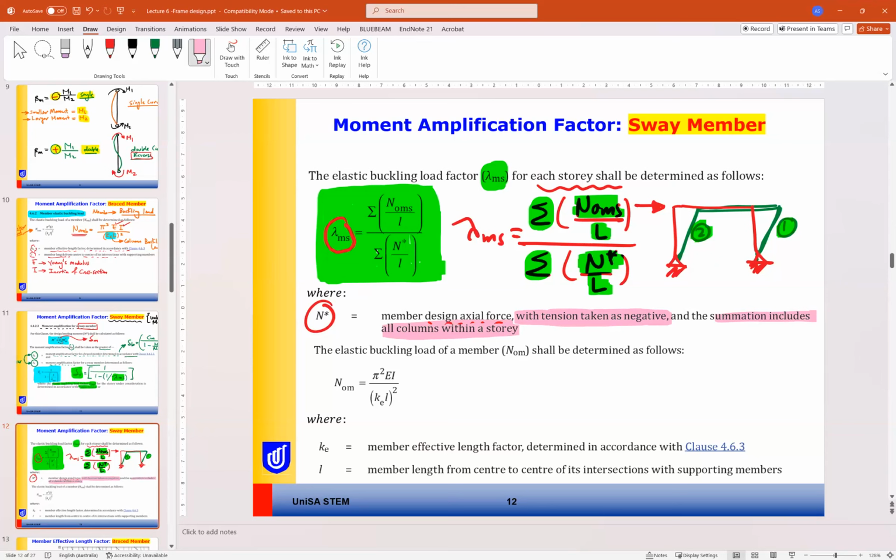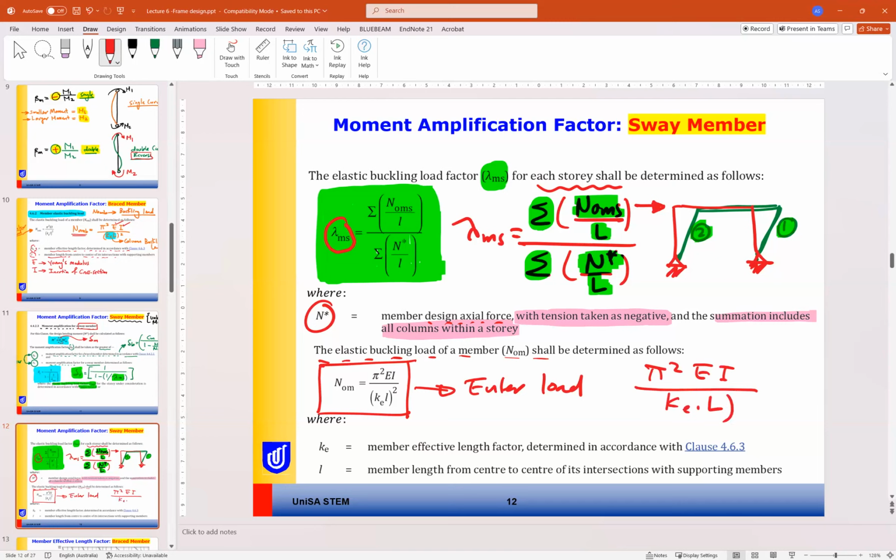The elastic buckling load is again similar to before, Nom. We just illustrated this earlier, same clause, Nom equal to the Euler load, pi squared EI divided by K effective L all squared.